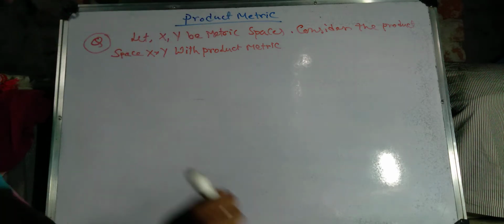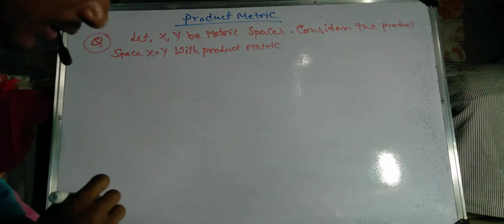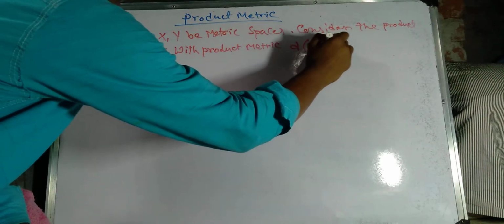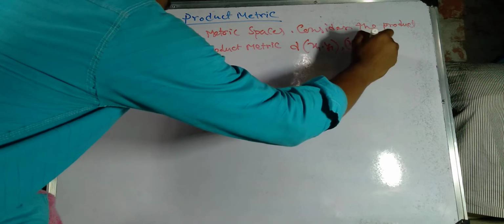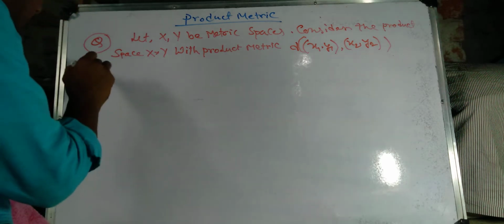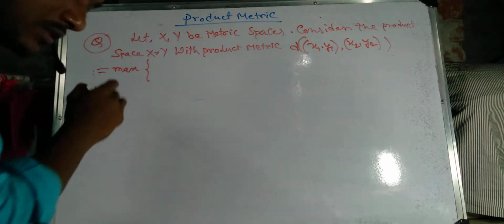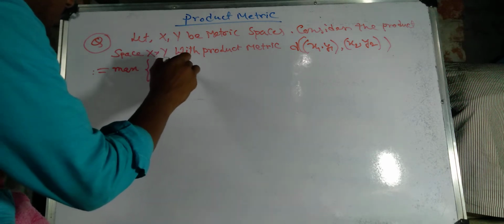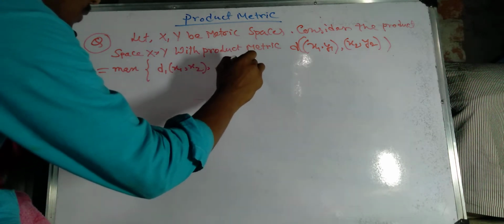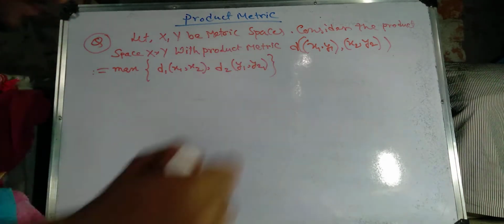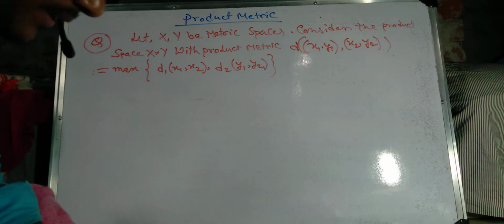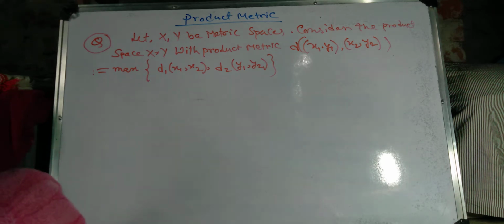This metric is the product metric d of (x1, y1), (x2, y2) equal to the maximum of d1(x1, x2) and d2(y1, y2). Okay, consider this; it defines a metric on the product space X cross Y. This one is the product metric.